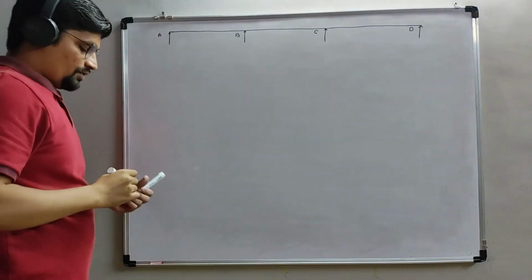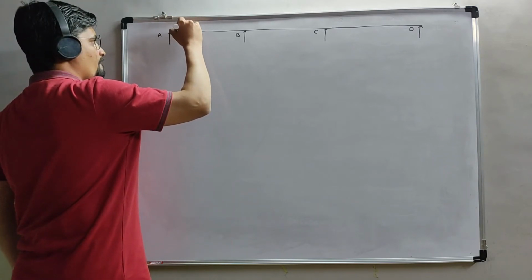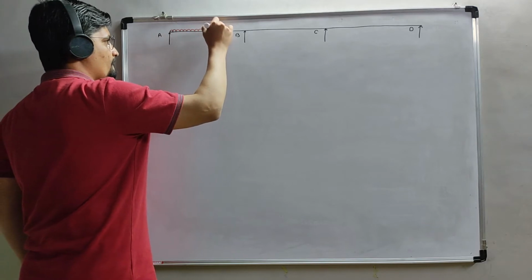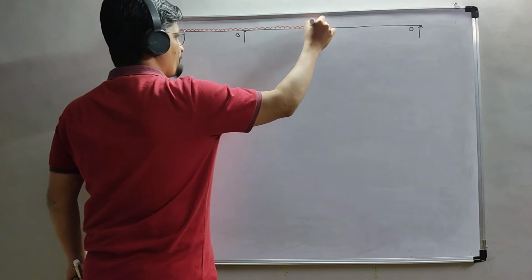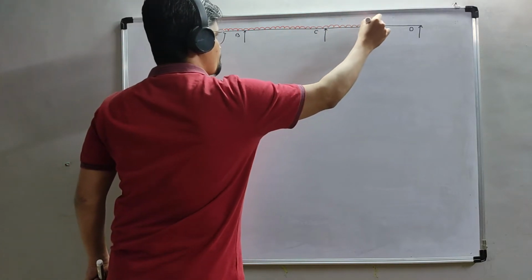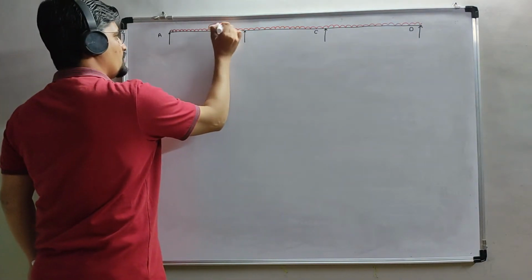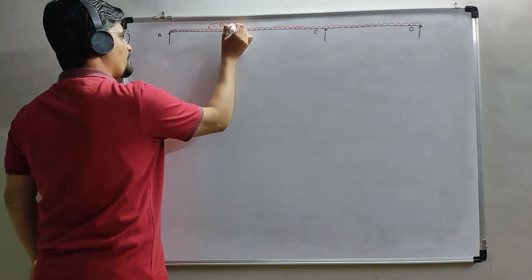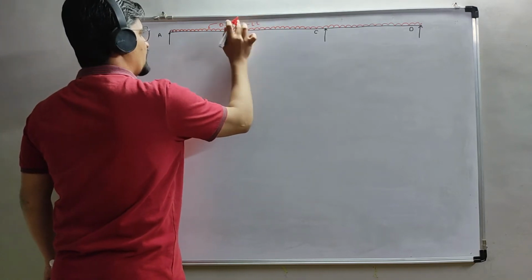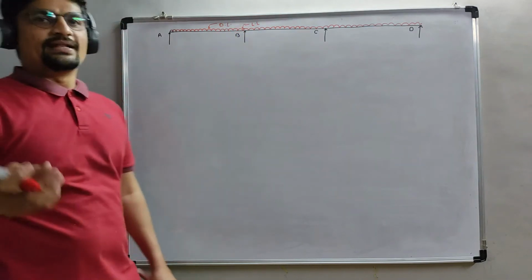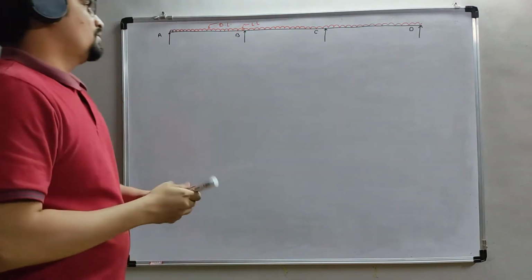The overall UDL load is acting like this, which is the combination of dead load plus live load, or separately I can say dead load and live load. Dead load is 6.937 and the live load is 6. I will make the table.